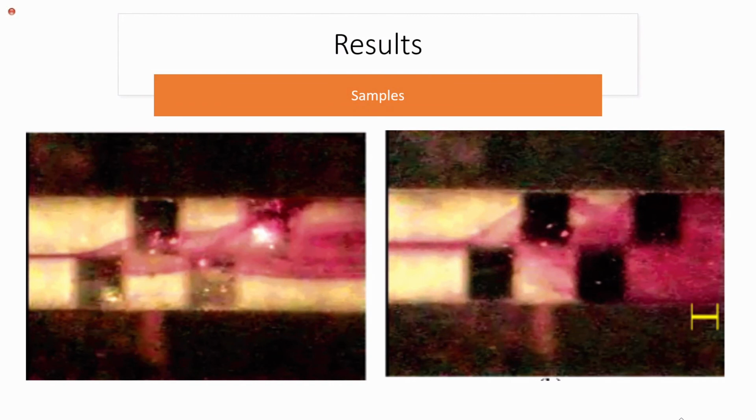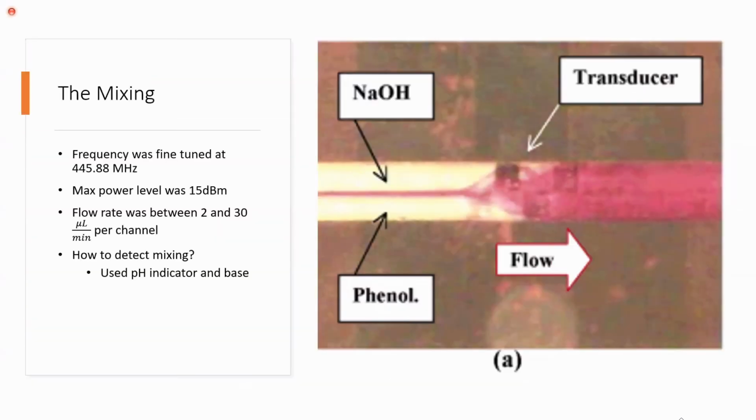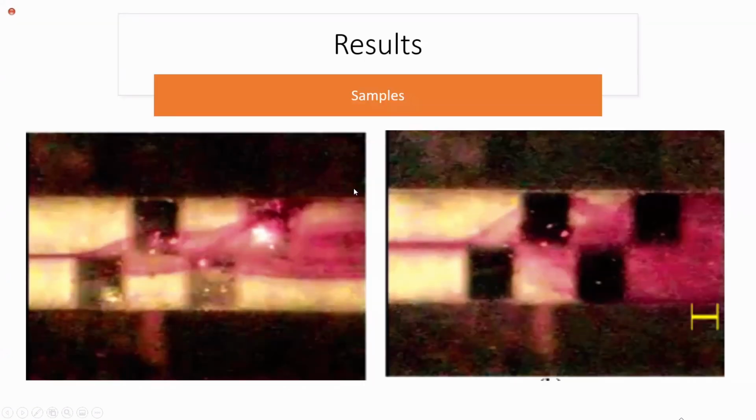Exactly. That's why you would need more power, so you would have a higher frequency for it to resonate properly, for the higher flow rates.